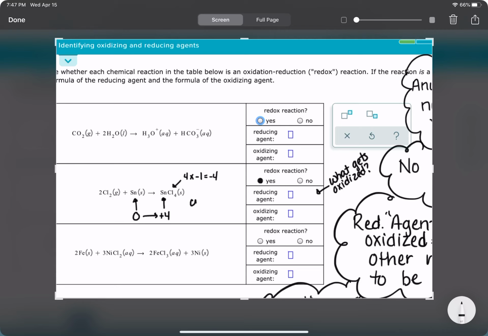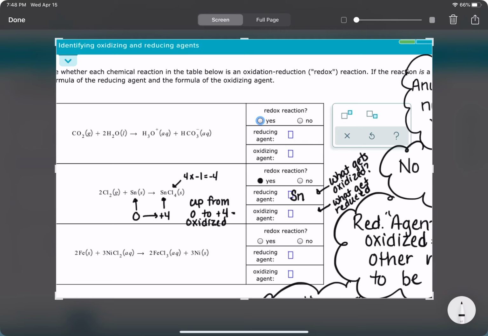We're going up from 0 to a +4. We're increasing in oxidation number, which means that tin is being oxidized. If tin is being oxidized, it is causing the other reactant to be reduced. So tin is the reducing agent. This is tricky because we're flipping these words around totally. The oxidizing agent is the thing that gets reduced. What is getting reduced?